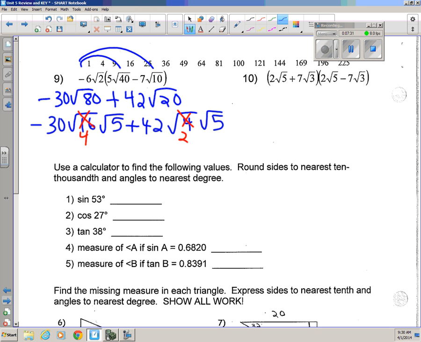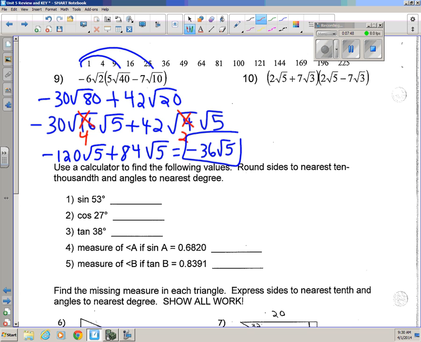This becomes negative 120 rad 5. This becomes 84 rad 5. They are like radicals. Final answer is negative 36 rad 5.